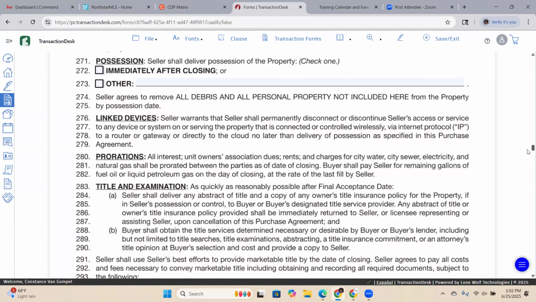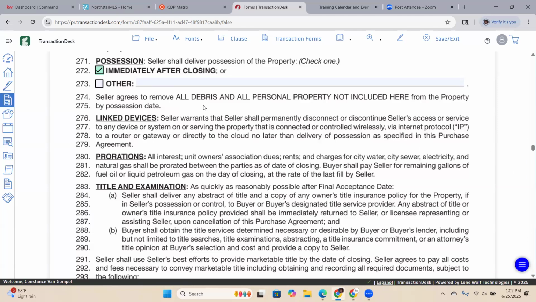Or you might get countered and the listing agent might ask if they can have 48 hours, and that's kind of like the seller renting for 48 hours. Most cases it is immediately.